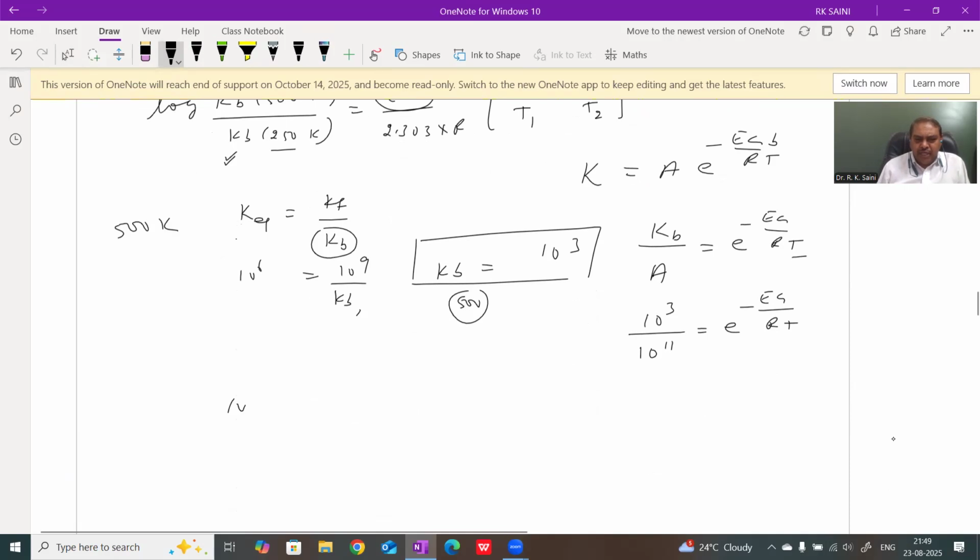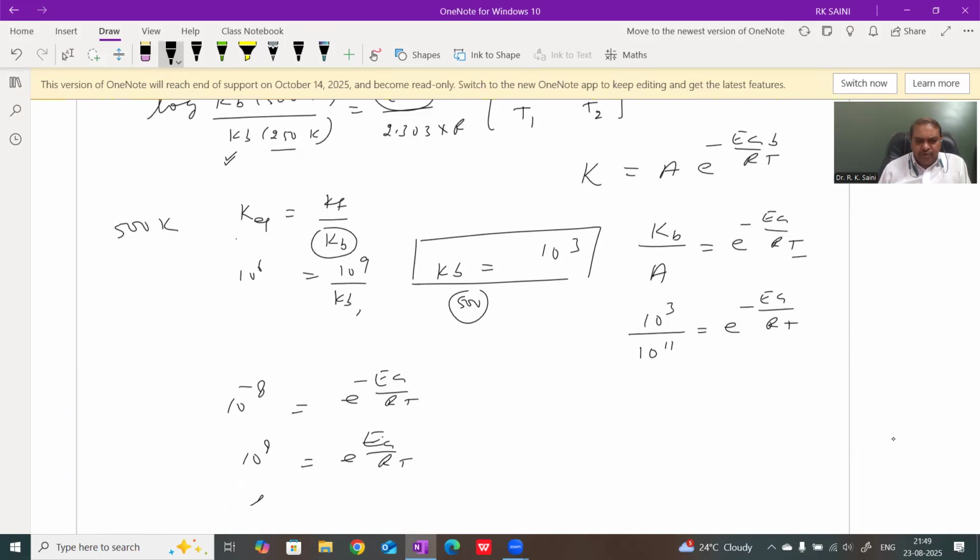Then 10 to the power minus 8 equals e to the power minus EA upon RT, or we can say 10 to the power 8 equals e to the power EA upon RT.